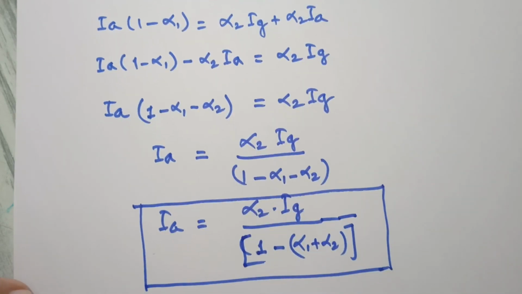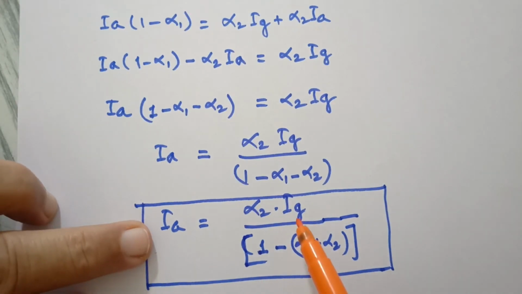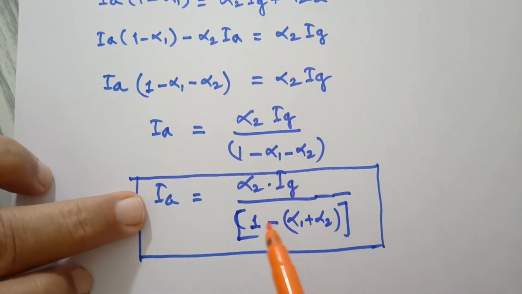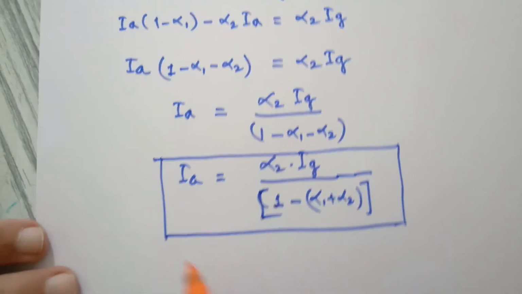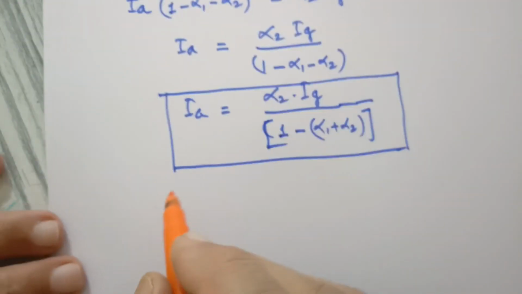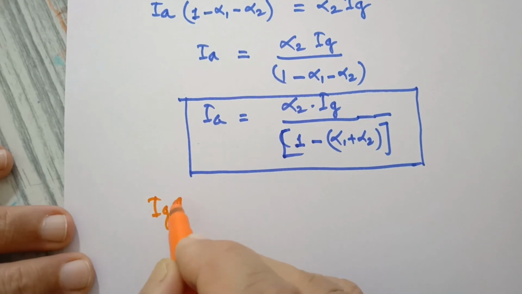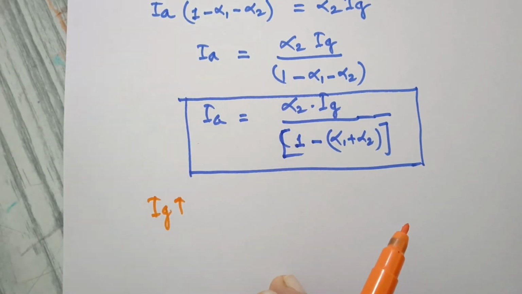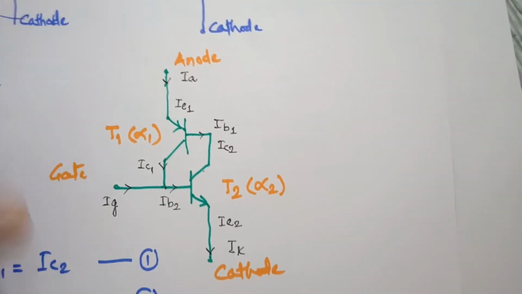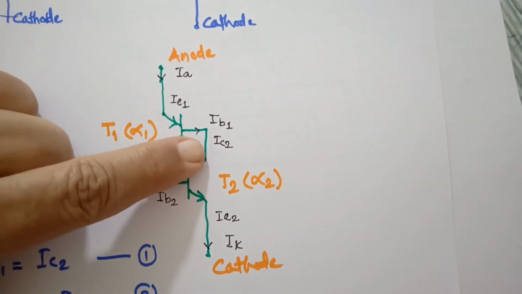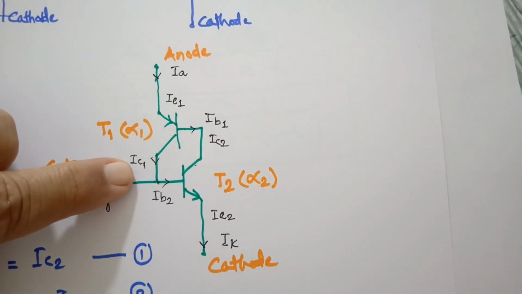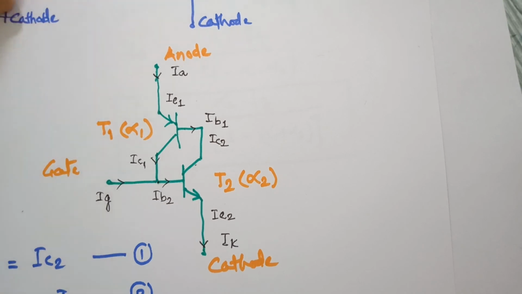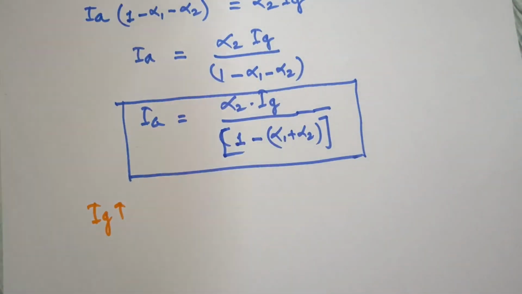Now look at this expression. When there is zero gate current, this expression will be just zero, no anode current. But when you insert a small IG, as IG increases, from this diagram you can see that it increases IC2, that increases IB1, then IC1, and so on, and therefore anode current increases.